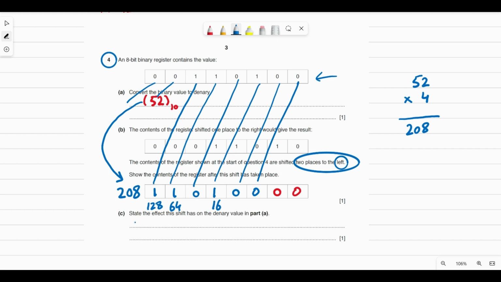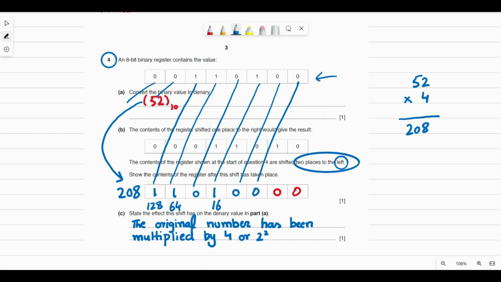The effect on the original number: the original number has been multiplied, which is the keyword, by 4, or 2 raised to power 2.